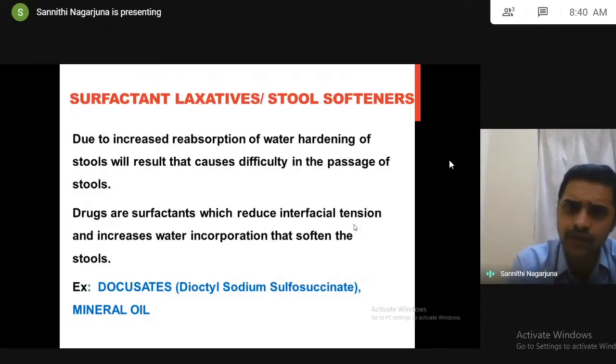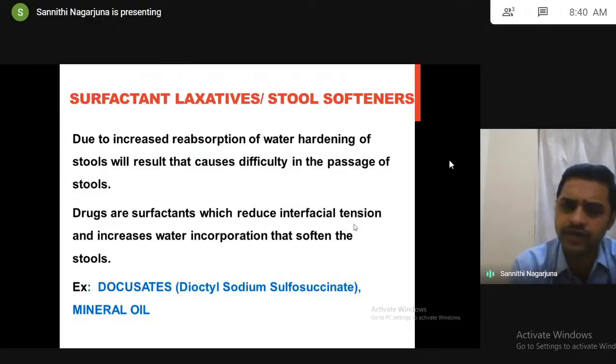So what are these stool softeners? All these agents are surfactants. What are surfactants? We all know that. These agents reduce the interfacial tension, so they increase the water incorporation into the stools and they soften the stools. Surfactants reduce surface tension and interfacial tension.